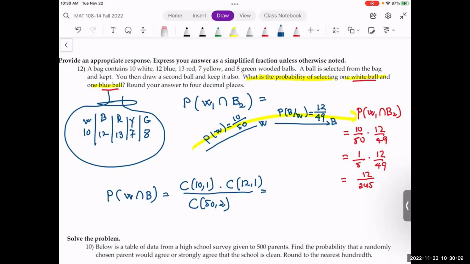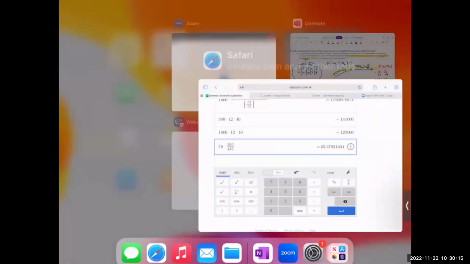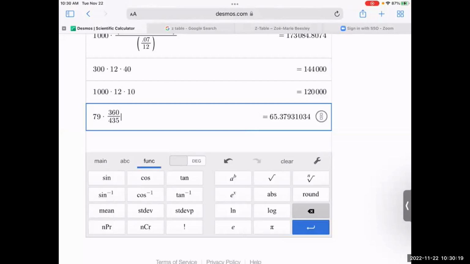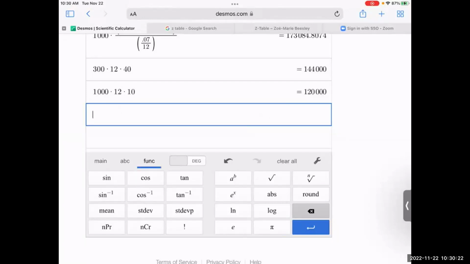All right, anybody want to do this? No? Let me go here. Calculator. So combination, functions, clear.